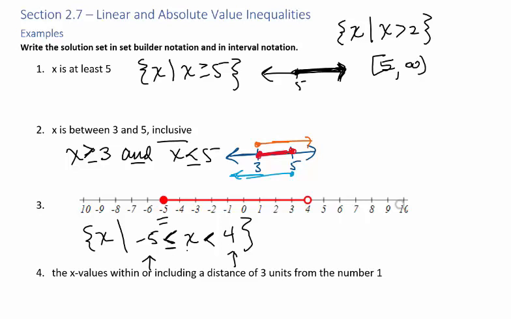So they should be pointing the same direction. The only question that you're going to have is whether to include or not include that endpoint. And then to write this in interval notation, we have a bracket on the left, -5, comma 4, and parentheses.